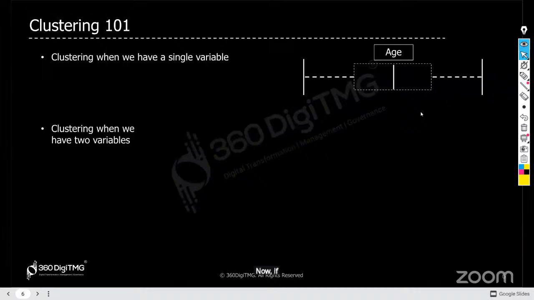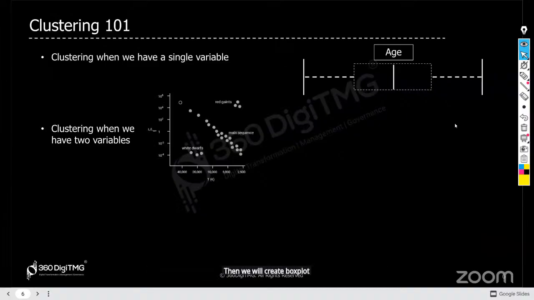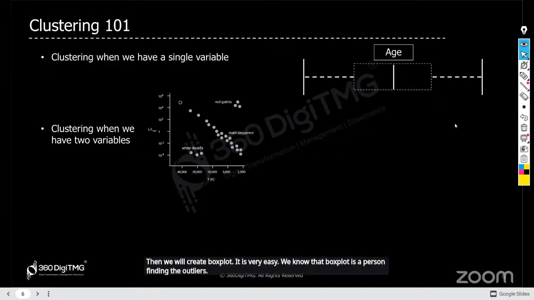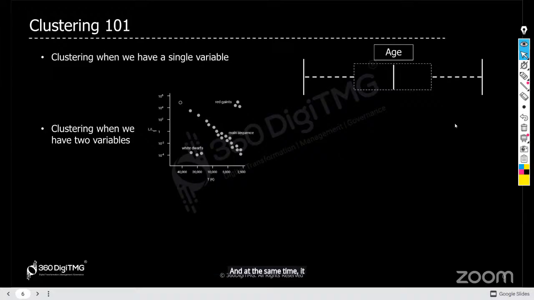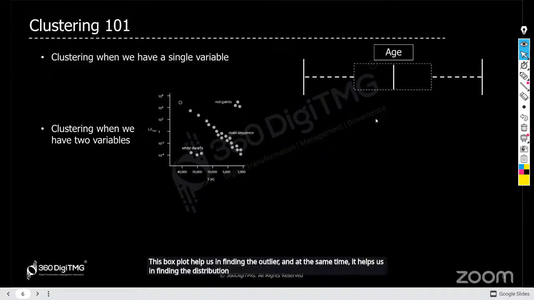Now, if you have only one feature to consider, here the feature is age, then we will create a box plot. It is very easy. We know that a box plot helps us find outliers, and at the same time it also helps us find the distribution of the data.